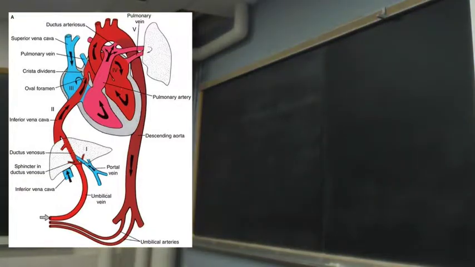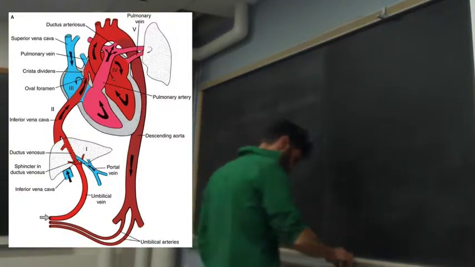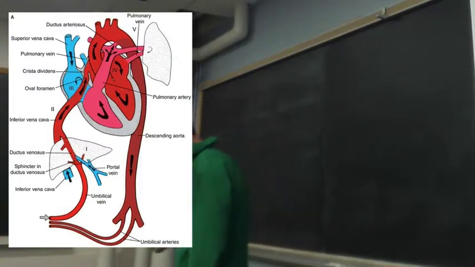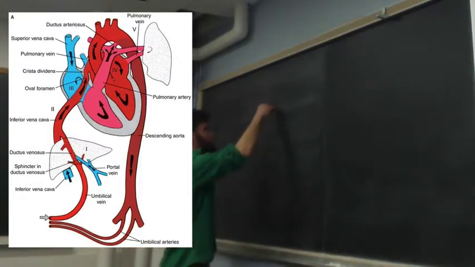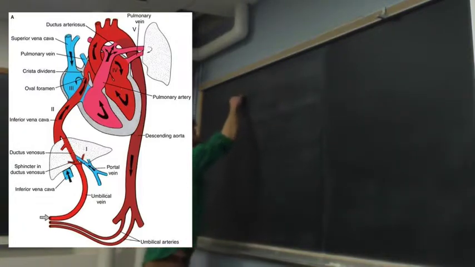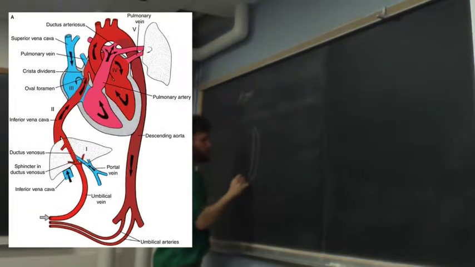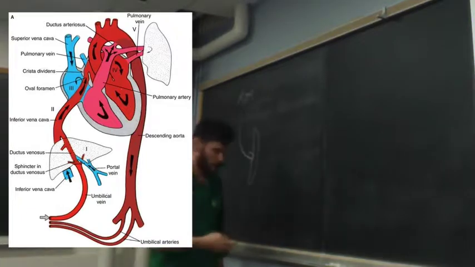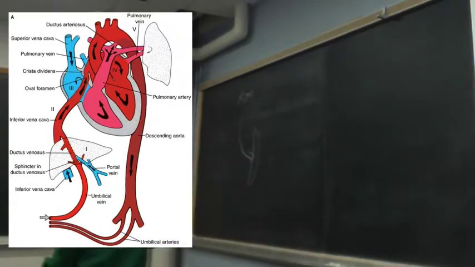There we go. Here's mom. We'll put mom over here. And mom has the supply to the placenta. So, let's see, I wish I had some red.